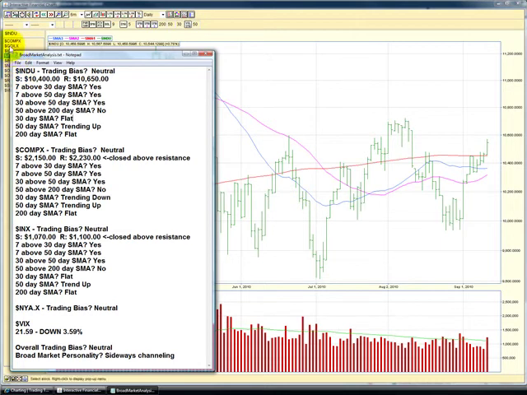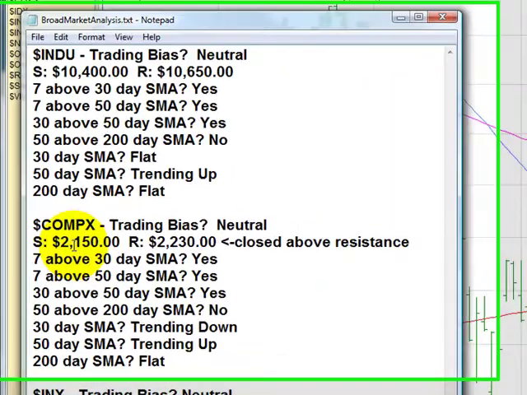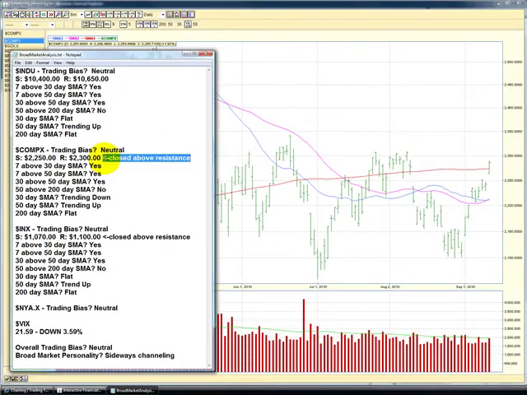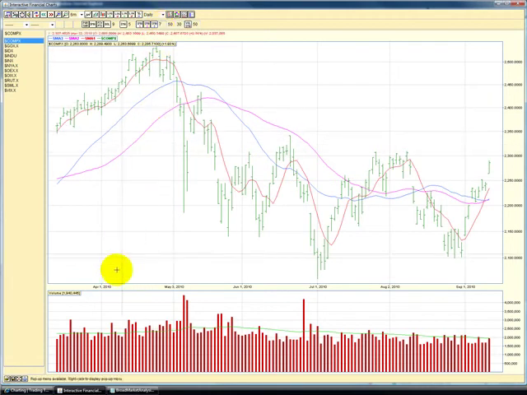Let's take a look at the NASDAQ. Wow. Look at that gap above the 200-day. All right, so with the NASDAQ, we are definitely above 2,250. And 2,300 is our next stop. Seven is above the 30. We'll check that out one more time. Yep.